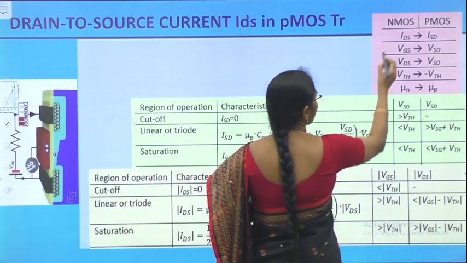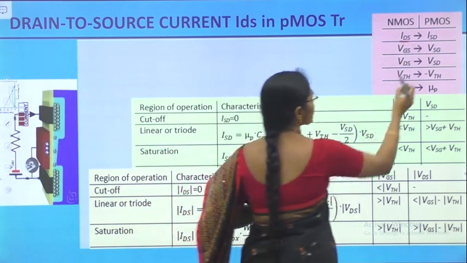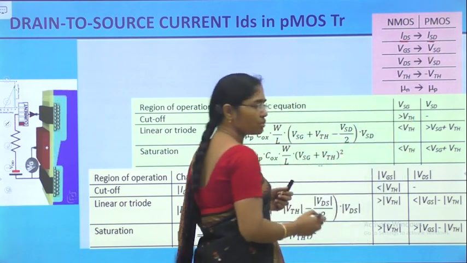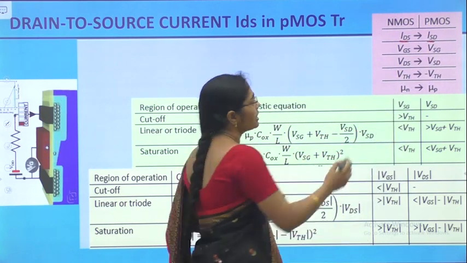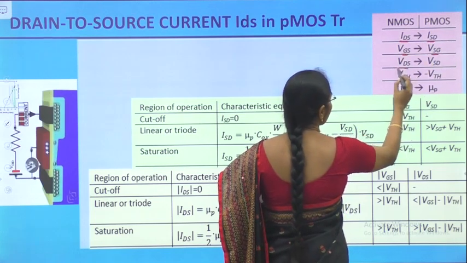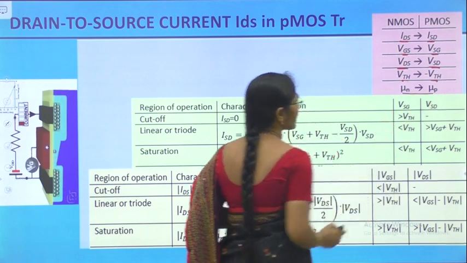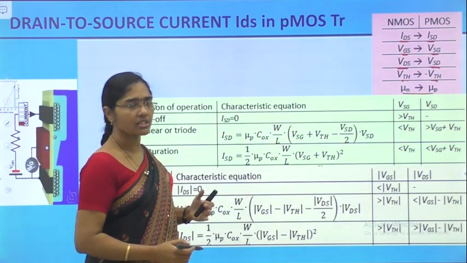The same equations are applicable for the PMOS transistor also, where just the polarities of the voltages are reversed. See here, in nMOS we have taken IDS, and in PMOS it becomes the source to drain current, that is ISD. VGS becomes VSG, and VDS becomes VSD, meaning opposite polarities.